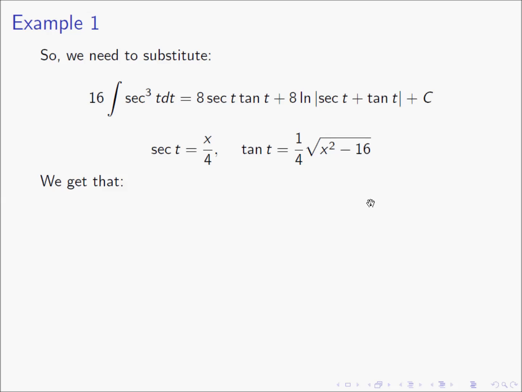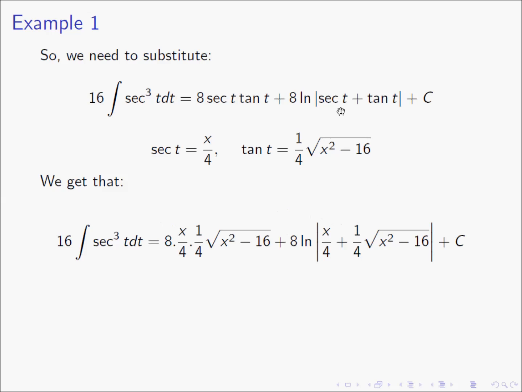So we substitute back and we get x times secant of t, that is x over 4, times tangent of t, that is this expression here, plus 8 times the natural log of secant of t, that is x over 4, plus tangent of t, that is this expression.